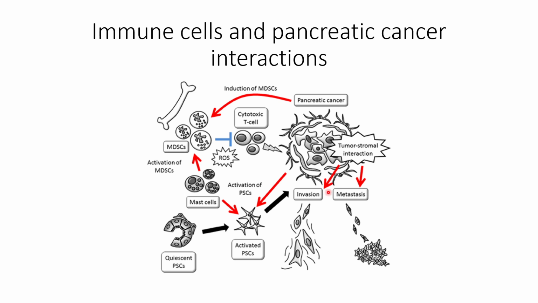Once the pancreatic cancer cells acquire these properties, invasion provides the ability to evade the immune system of the host or the patient, and metastasis provides the ability to migrate from the primary tumor site to the secondary tumor sites.